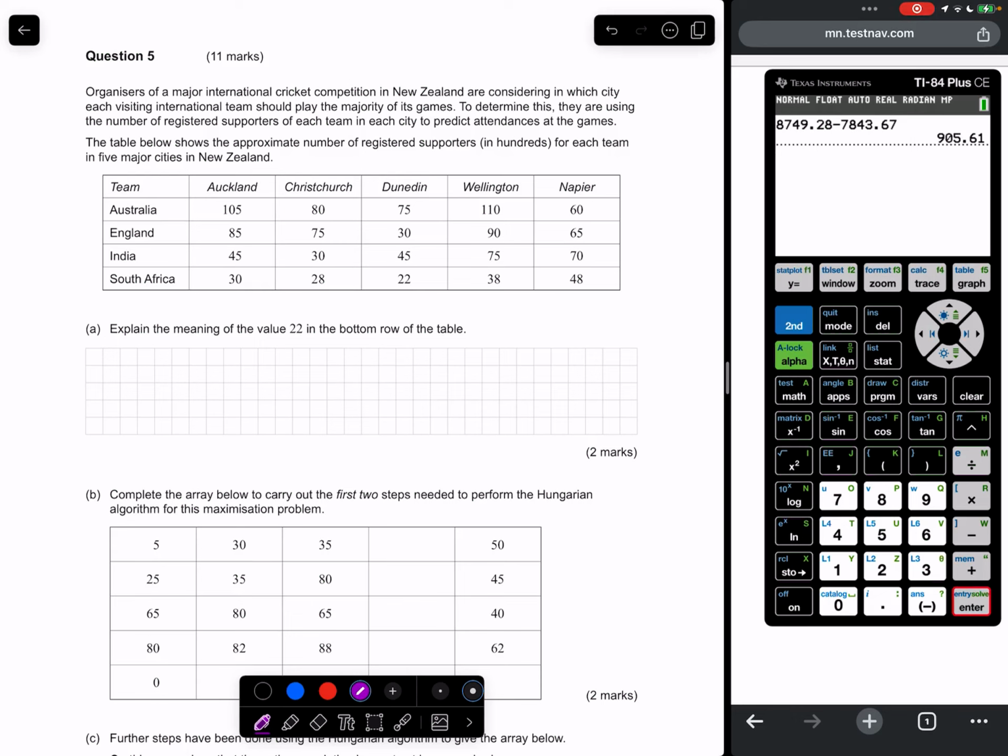Explain the meaning of the value 22 in the bottom row of the table. 2,200 registered supporters of South Africa in Dunedin.